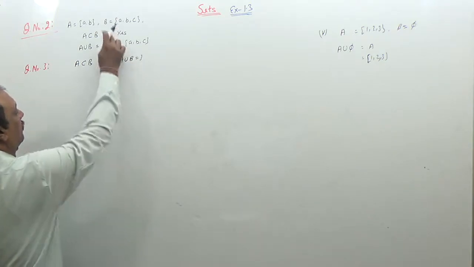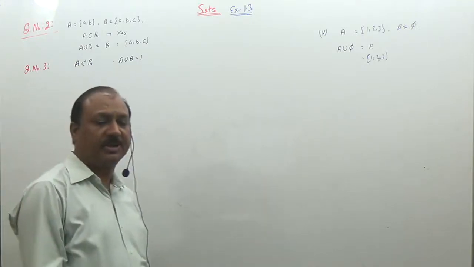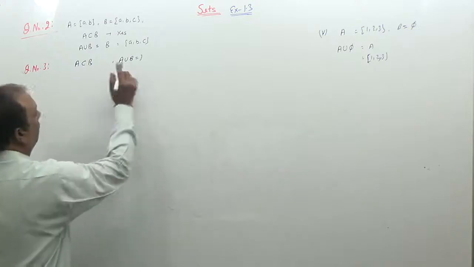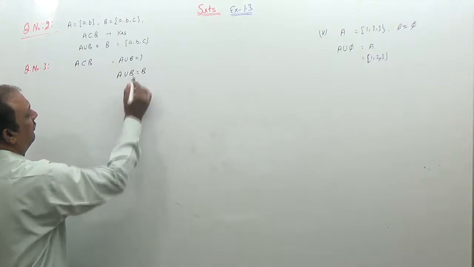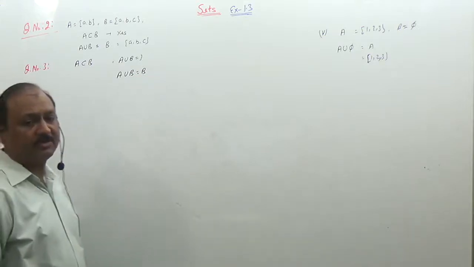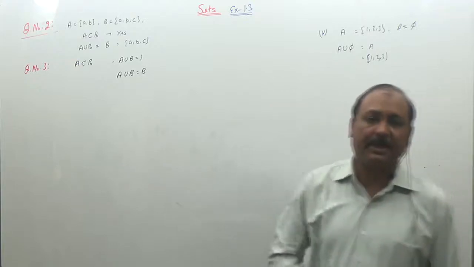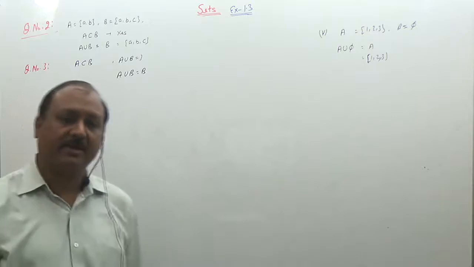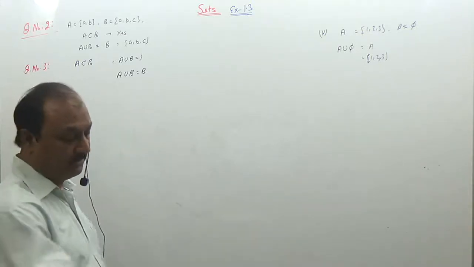In the above question we used the property that if set A is a subset of set B, then A union B is the set B. So our answer is A union B is B. Why? Because A is a subset of set B. All elements of A are in B, so when we take their union we get all those elements in B, so the same set B comes. So A union B is B.